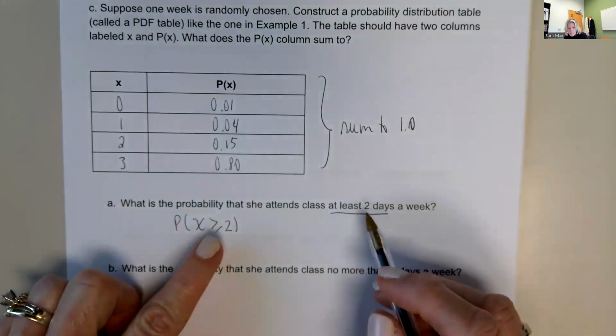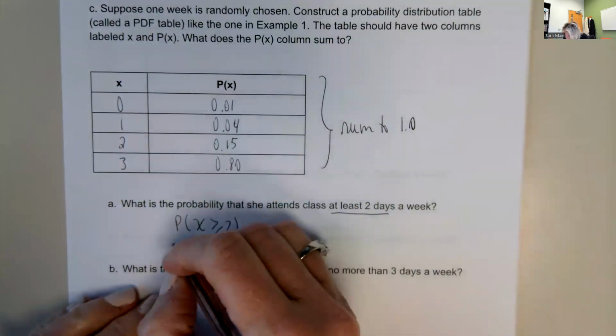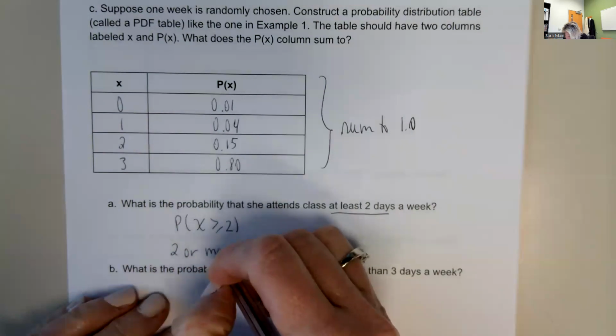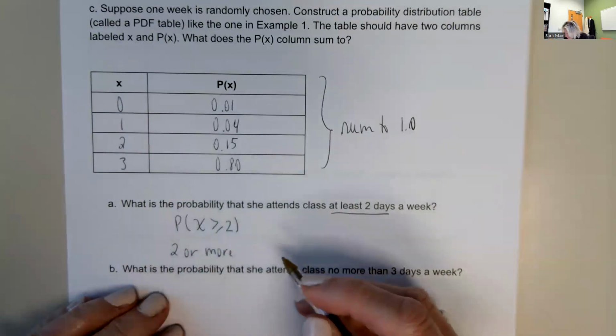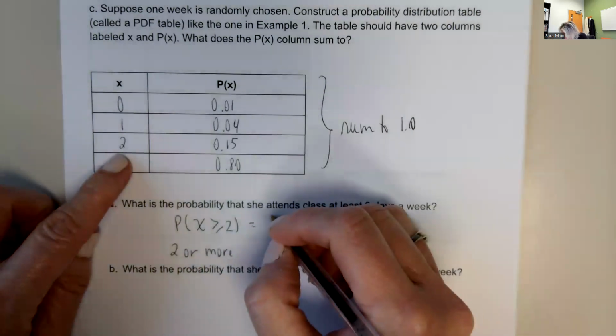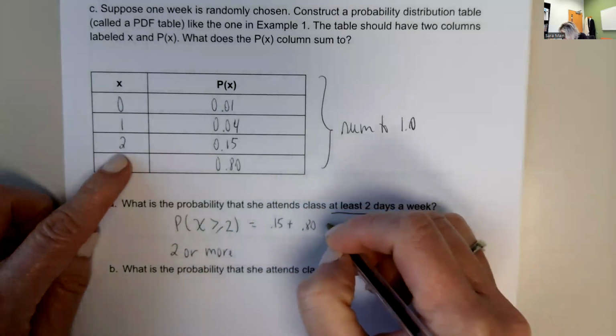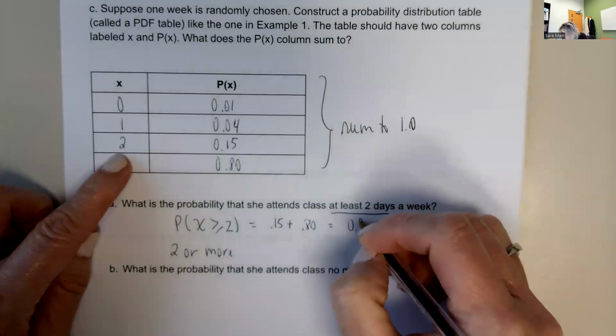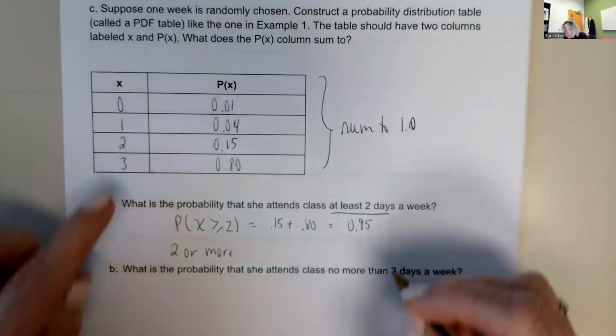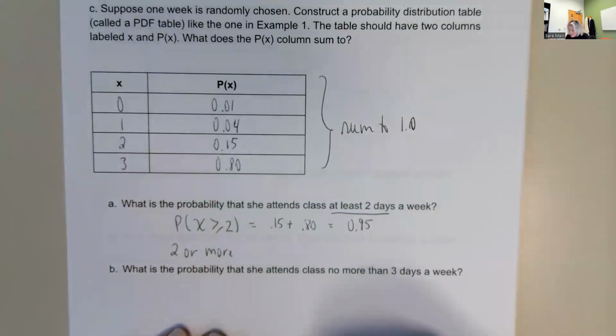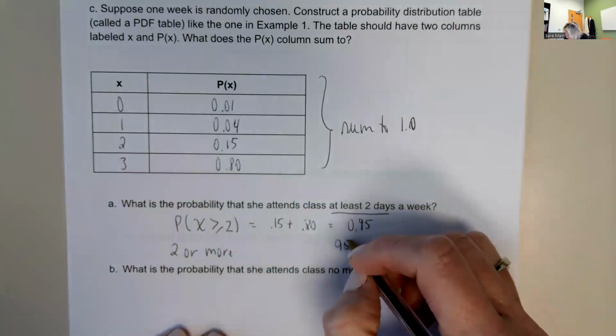At least 2 means 2 or more. So 2 is included. So that means we're adding 0.15 plus 0.80 to get 0.95. 95%.